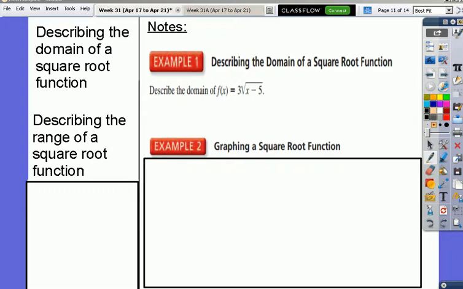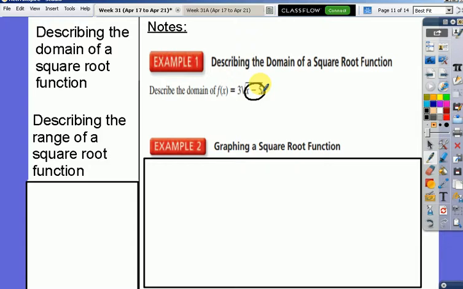Describe the domain. So what do we set greater than or equal to 0? Yeah, x. Anything on the inside. So don't let the 3 trip you up. It's only on the inside, because I don't care what the outside is, right? I only care what the inside value is, because I don't want my x value to be anything less than 0.